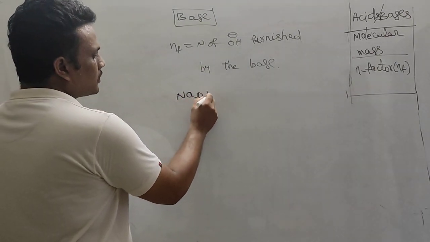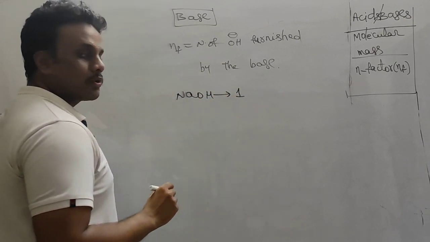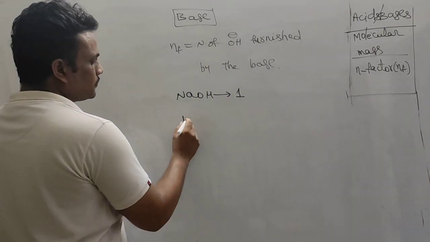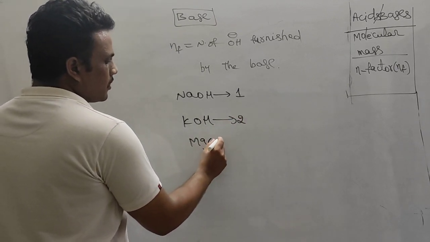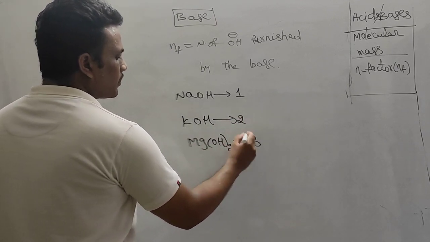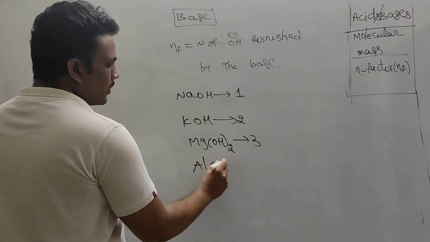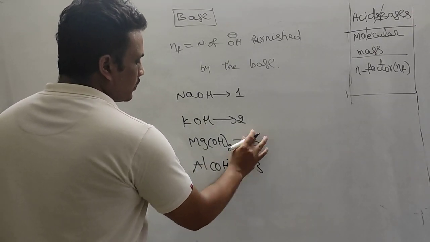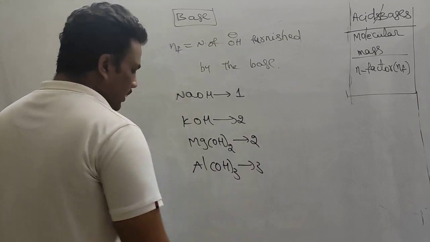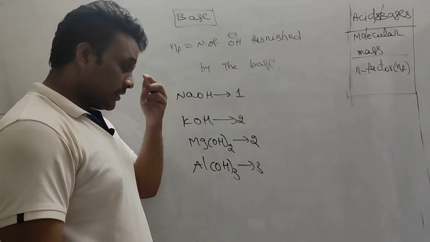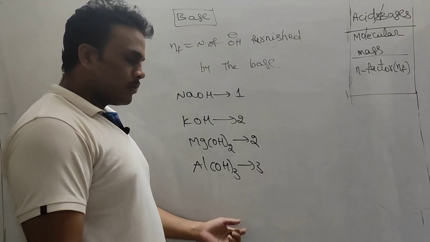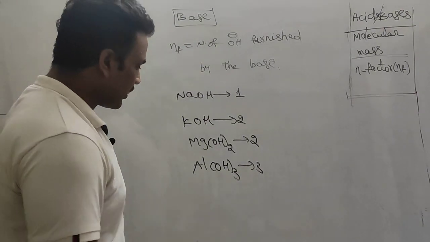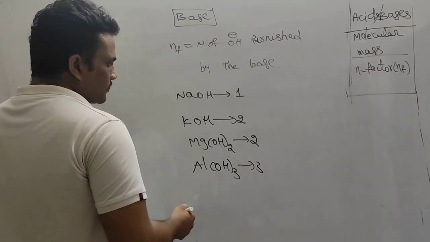Sodium hydroxide, only one OH group, it can furnish one hydroxide ion. KOH can furnish 1. Magnesium hydroxide 2, aluminum hydroxide 3. Actually aluminum hydroxide is not a base, it is amphoteric, but when the question is given in the examination, you take 3.